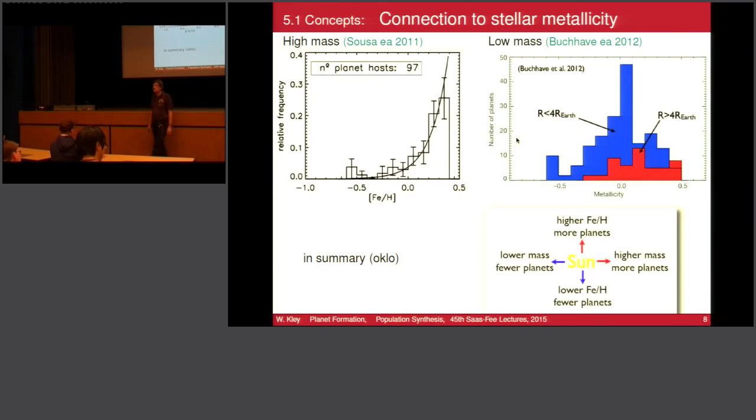I don't know whether this is significant, whether the red and blue distributions are really the same or different. Statistically, I don't know. There seems to be a slight trend that this is more moved to the right. But obviously, here the numbers are higher in the blue distribution. Lower mass planets do not show this strong correlation with stellar metallicity. Okay.